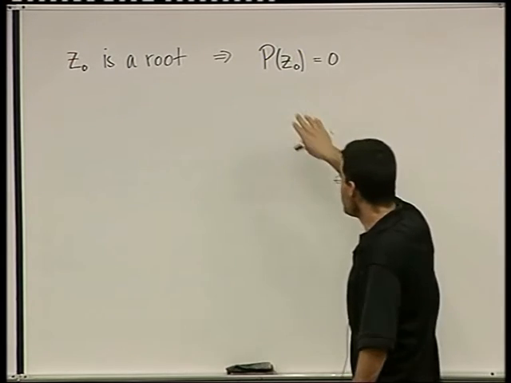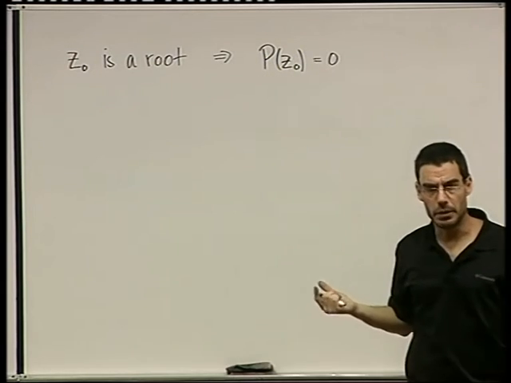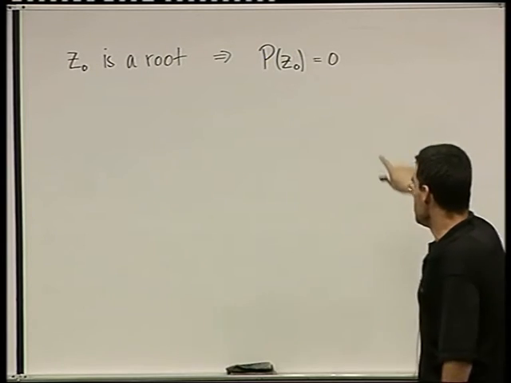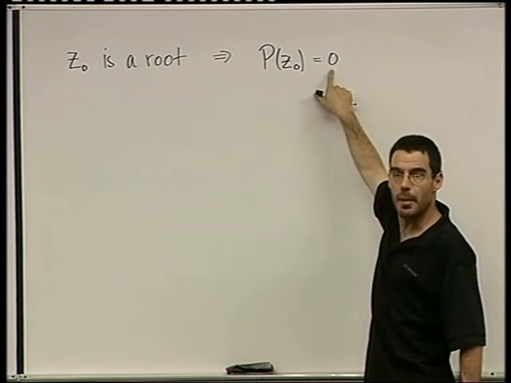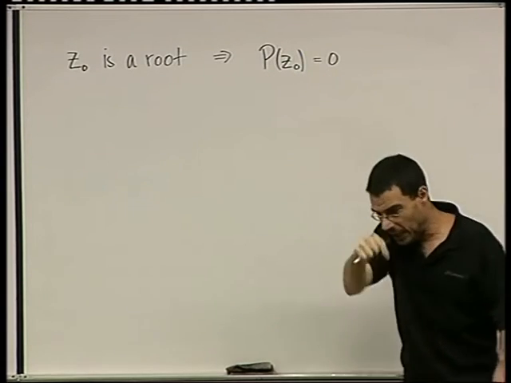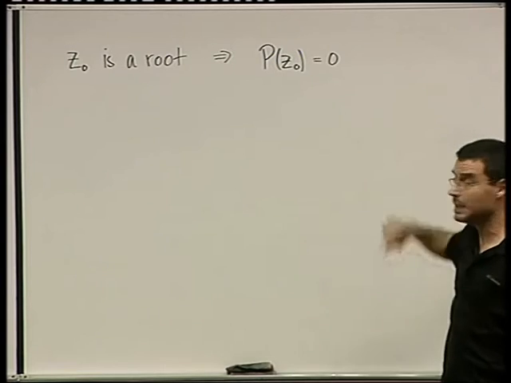What is p of z0? It's no longer a polynomial. P of z is a polynomial. P of z0 is a number, right? In this case, it's the number 0. When you plug a concrete number into a polynomial, you get a number. If it's a root, you get 0.